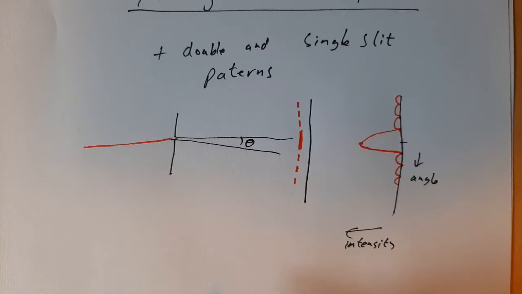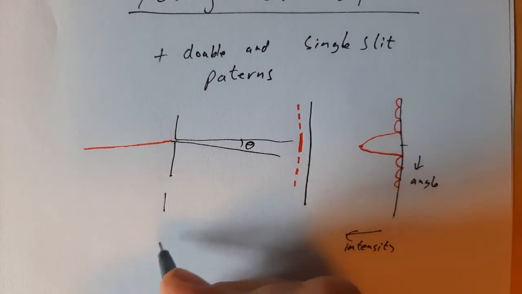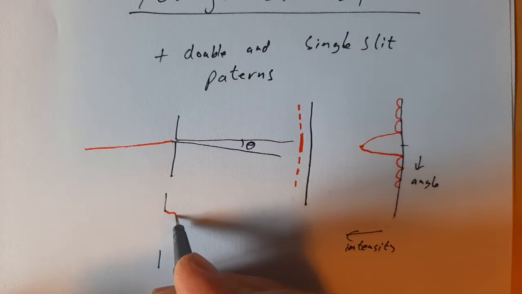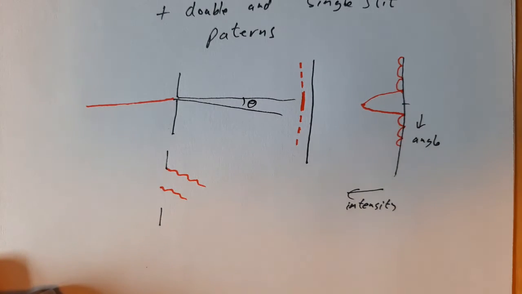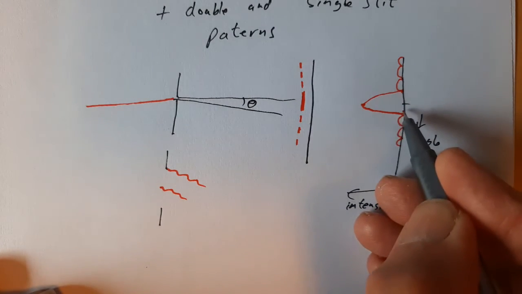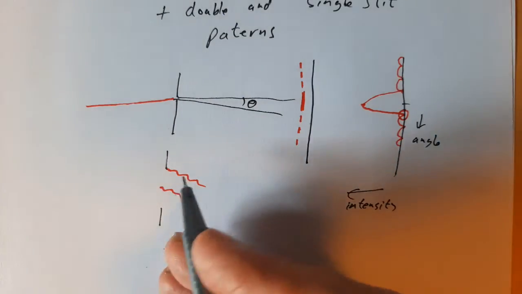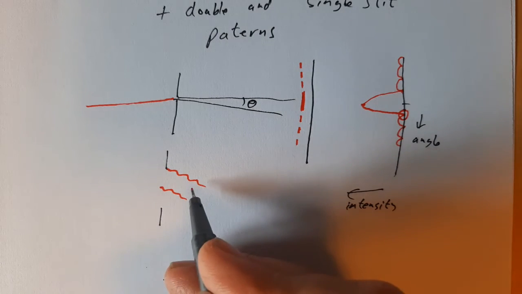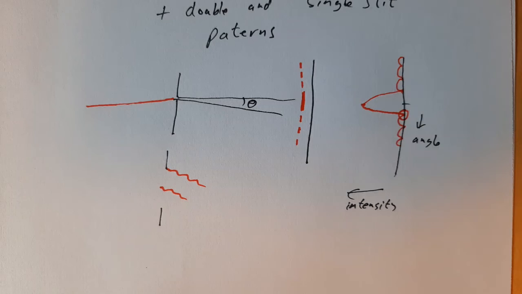And you might be asking, well, how does that happen, John? And it's quite hard to explain, and I'm just going to kind of give you a hint. If we can imagine some waves setting off from that side of the slit and some waves setting off from that side of the slit, at a dark point like this, where we have destructive interference, the path difference between this edge and the centre is half a wavelength, so they're out of phase, so we get destructive interference, and we get a dark spot on the screen.